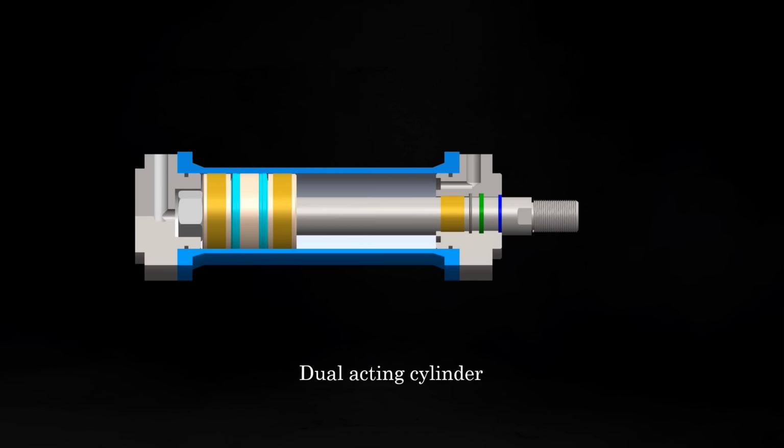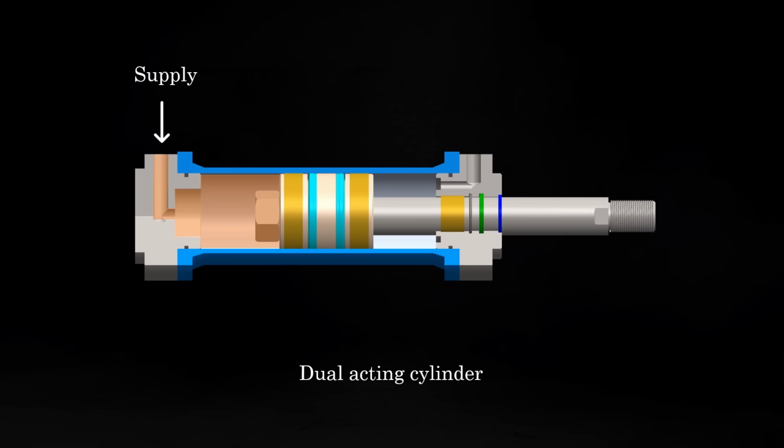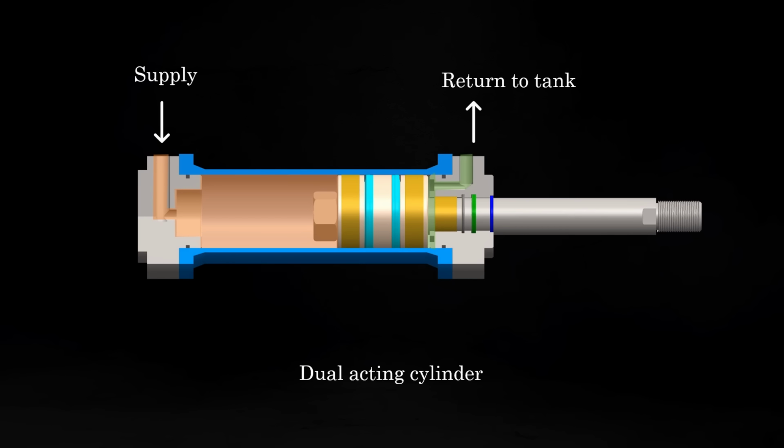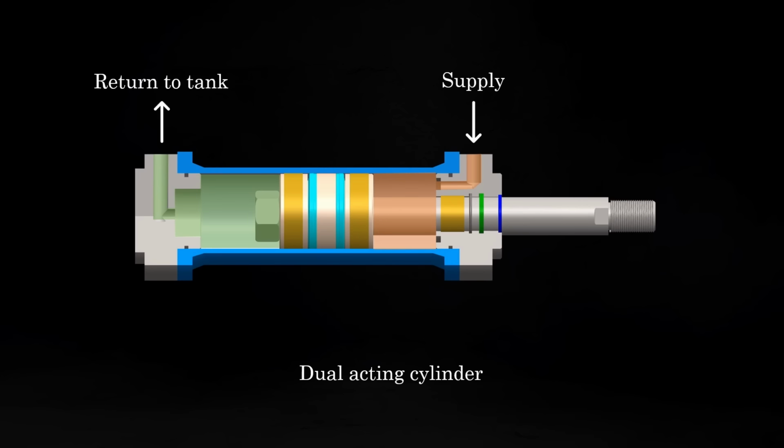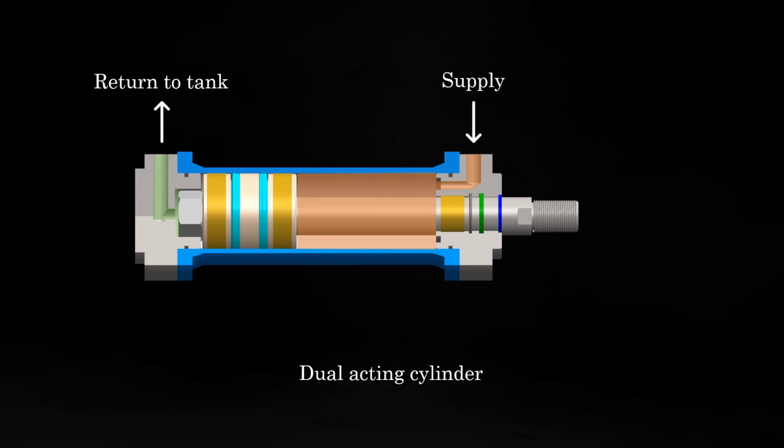When we need to extend the piston rod, we supply the oil from the rear side, from this side, through a directional control valve, which pushes the piston forward, and we direct the oil on the other side of the piston to the tank through the front port. And when we need to retract the cylinder, we direct the oil supply from the front port and direct the rear port to the oil tank, so the cylinder can retract, right?